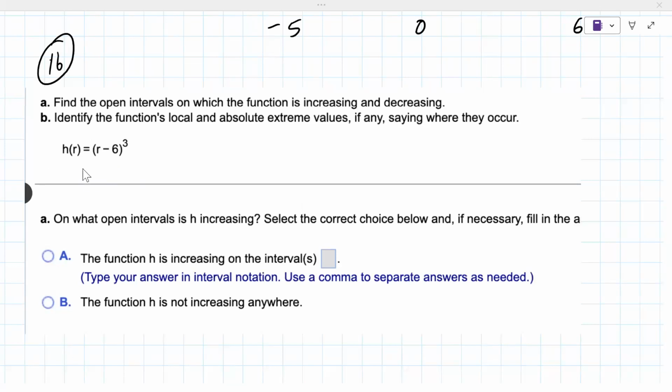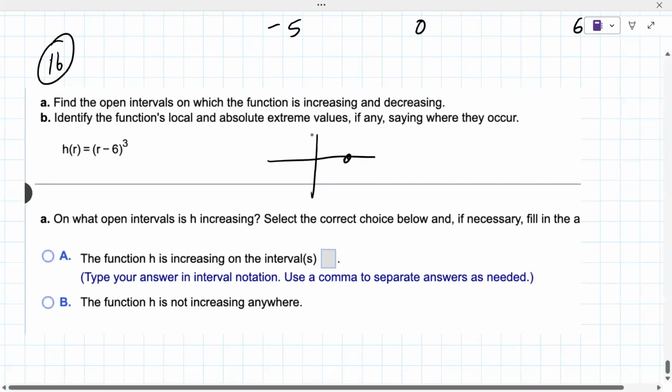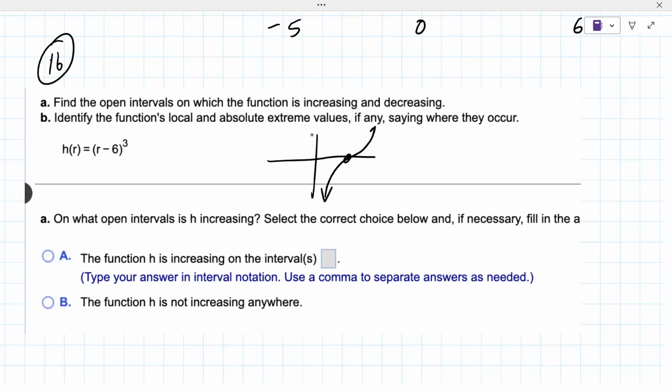One thing you might consider is graphing this. When you graph it, you're going to see something that looks like this. You can get a much better graph than what I'm giving you if you want, but it should look something like that. Now, why is that important? Well, it's always increasing.